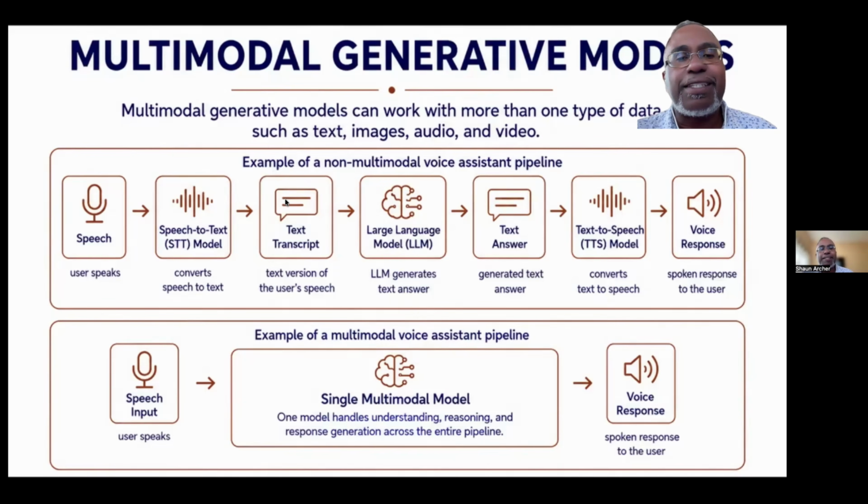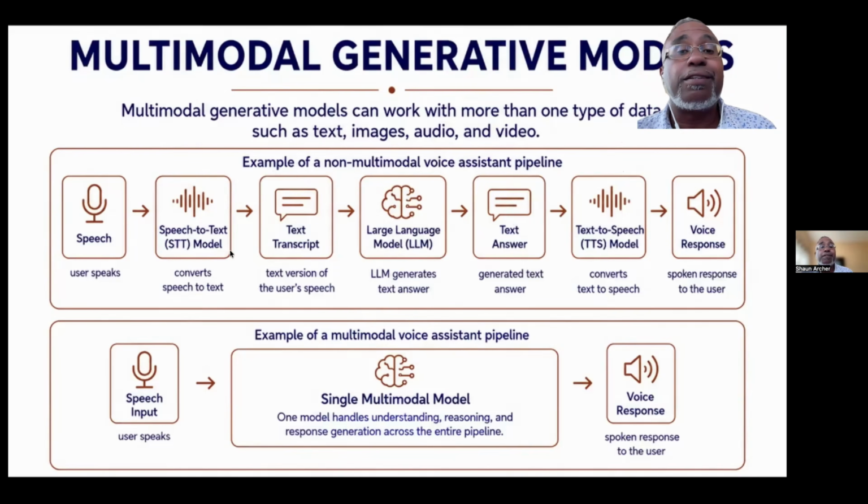Then that text has to go to your large language model, which takes that text and generates a response based on what is written in that text. It writes a response, right? A text answer, which goes to a text to speech model, which takes that written text and turns it back into words, and that is what you hear.